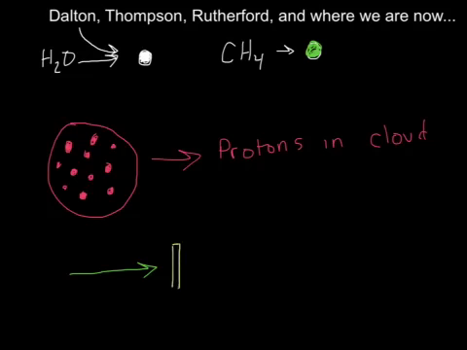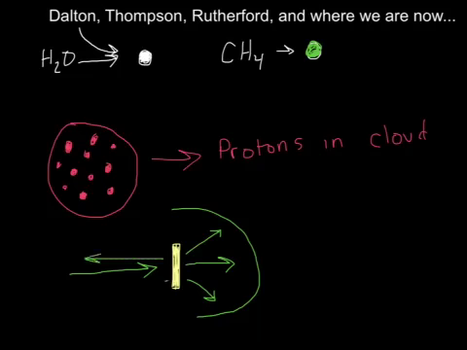He shot gold foil, and what happened was this light did not just go straight through, but in fact it went crazy in all different directions, and in fact bounced back. And that was the discovery of the neutron.